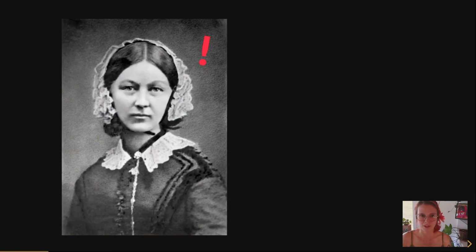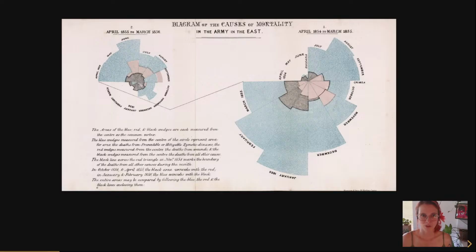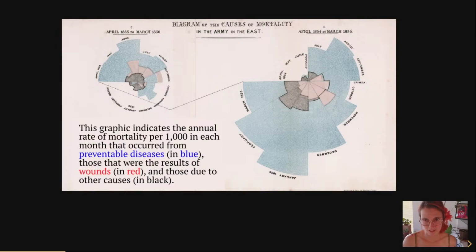And what Florence actually saw during her time in the Crimean War was that the soldiers did not die as much from casualties, from wounds or other battle-related reasons, but they died because of preventable disease.